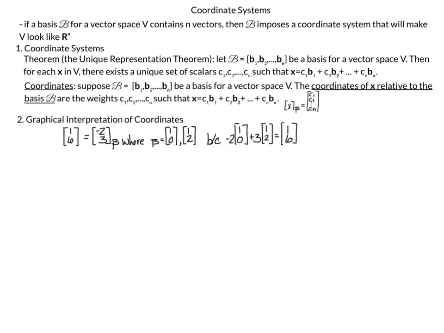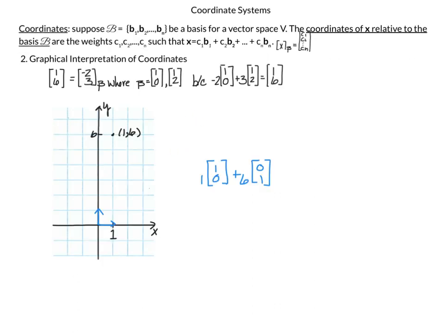And now we come to the graphical interpretation of these coordinate systems. So we have (1, 6), which is equal to (-2, 3) with our new basis (1, 0) and (1, 2). We are going to start by graphing (1, 6), and we know how to graph that, right? You go over 1, up 6. But let's think about this in terms of our standard basis, which is 1 times our (1, 0) vector plus 6 times our (0, 1) vector.